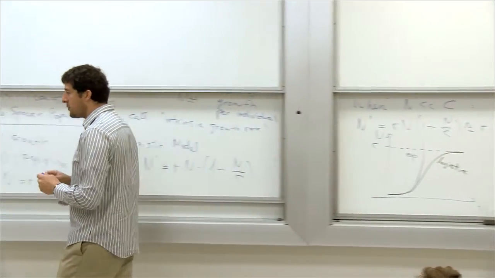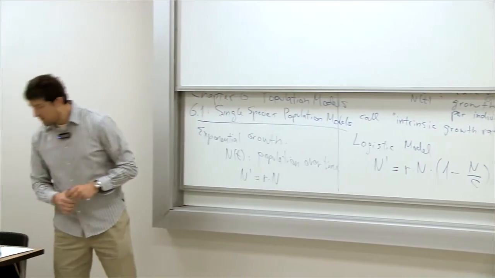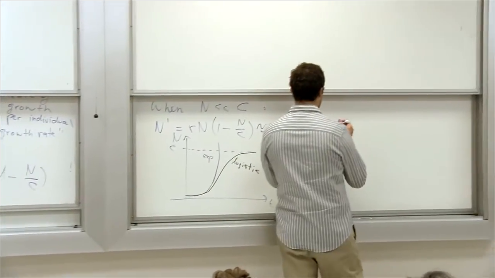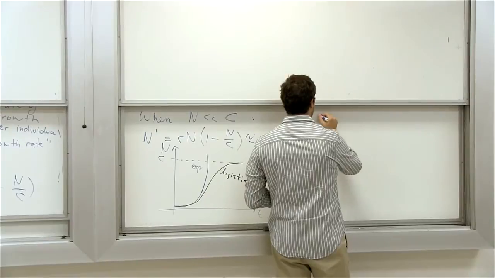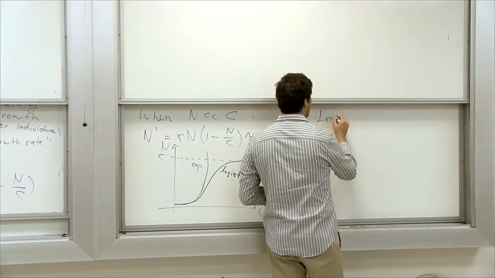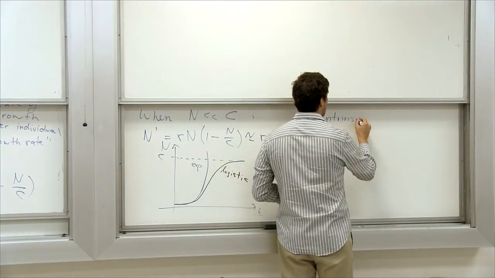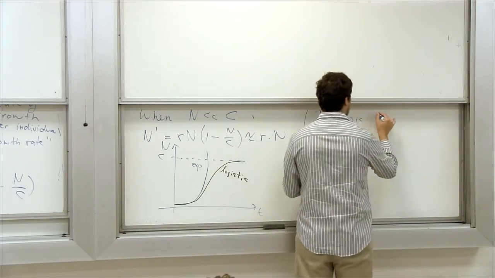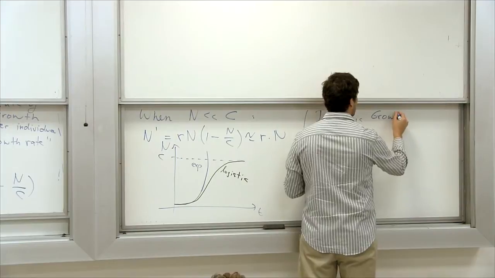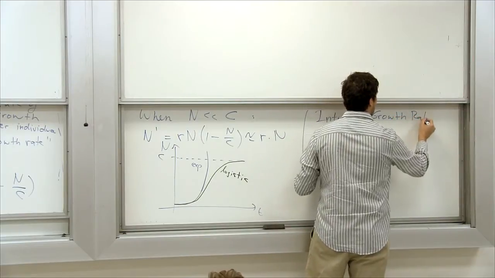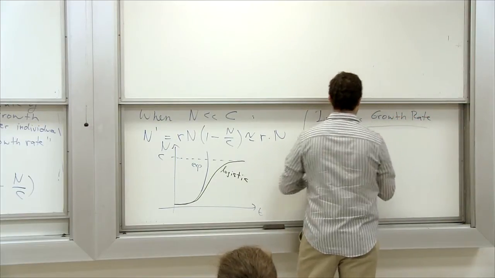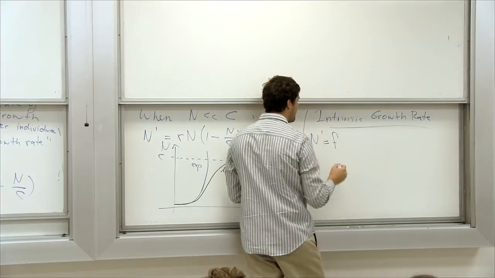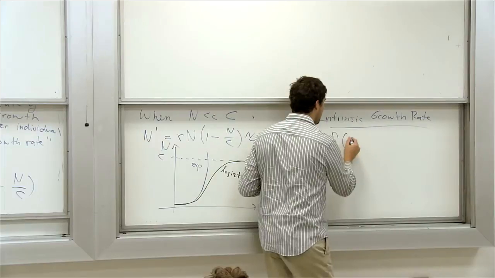So let's think about what we did. I'm going to call this section intrinsic growth rate. So suppose that you have a general formula for the growth.